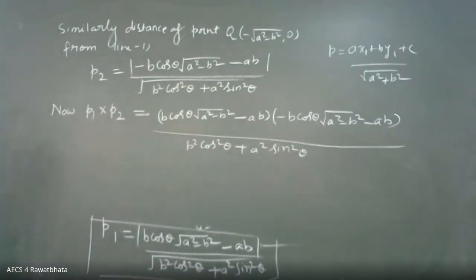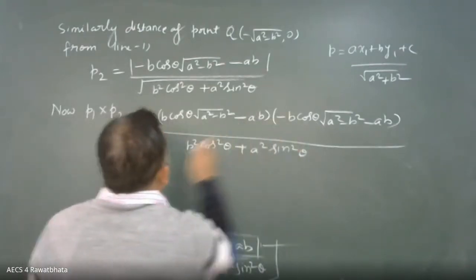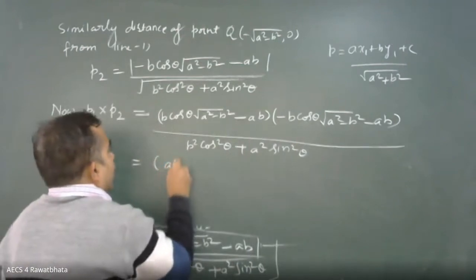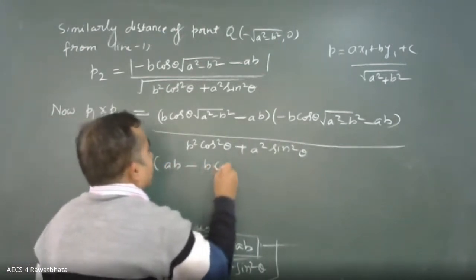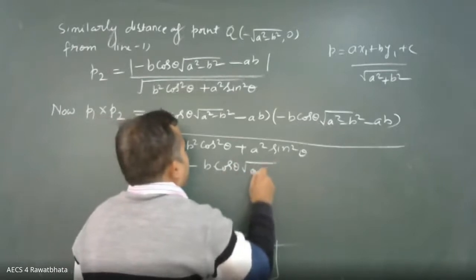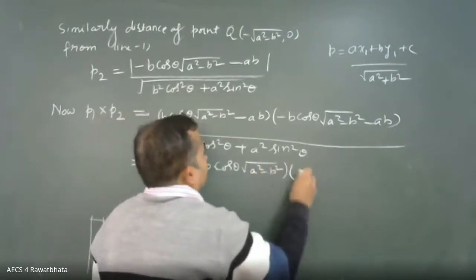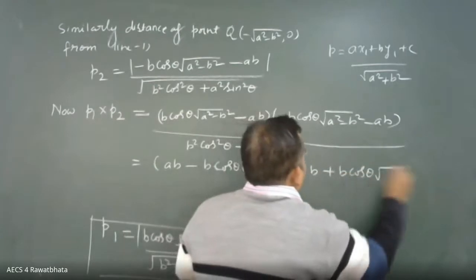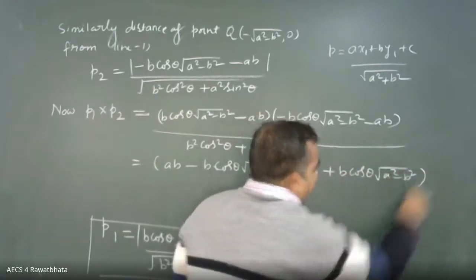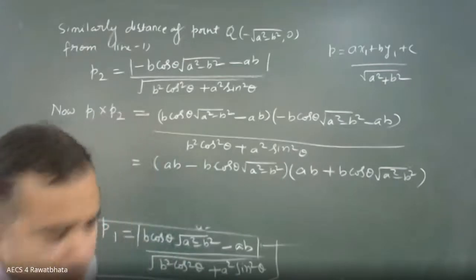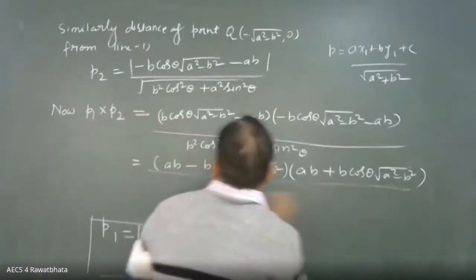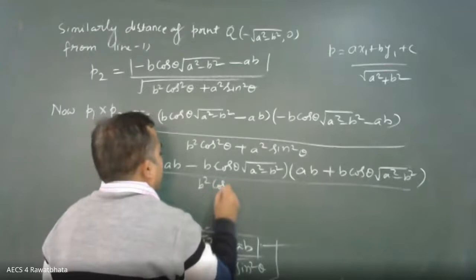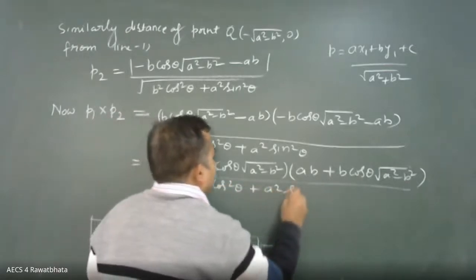So you can see that if I take this minus common and mix it here, ab minus b cos theta root a square minus b square into ab plus b cos theta root a square minus b square, whole upon b square cos square theta plus a square sin square theta.